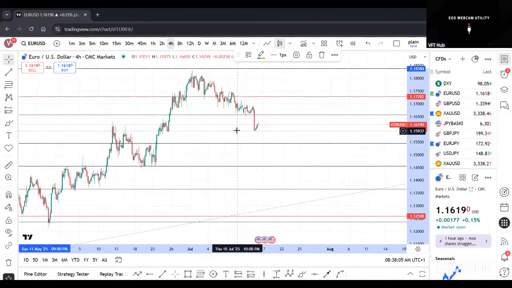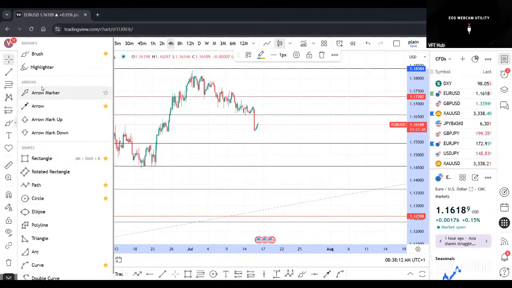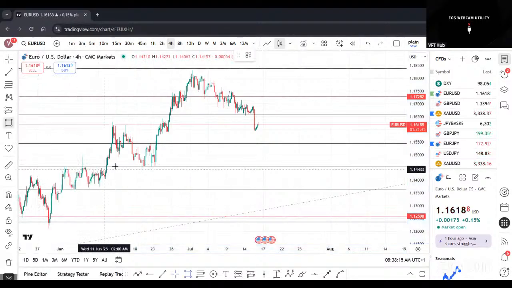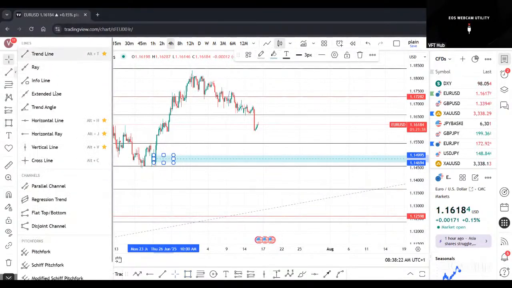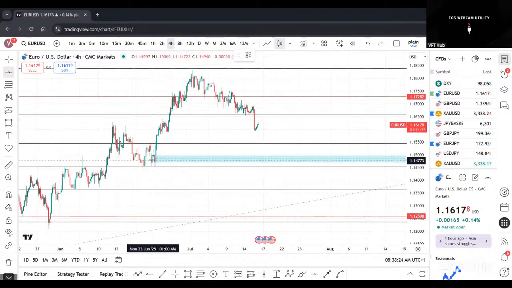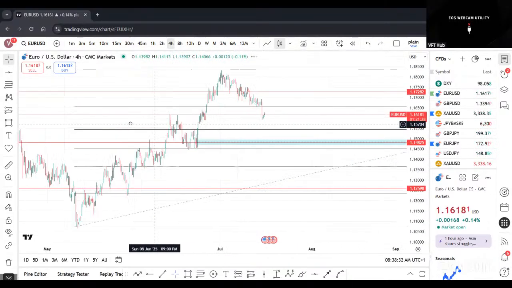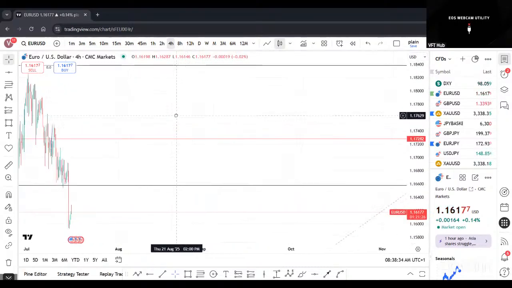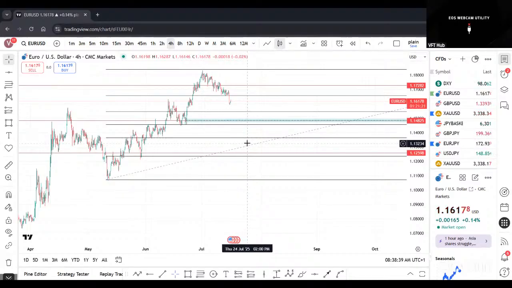And down to the 4-hour time frame, we want to see price sell off into this other block right here, calling out the price point: 1.14825 on the 4-hour time frame, coinciding with the 61.8% fib level.